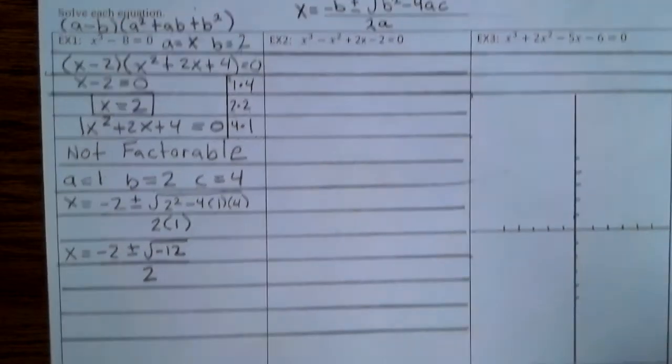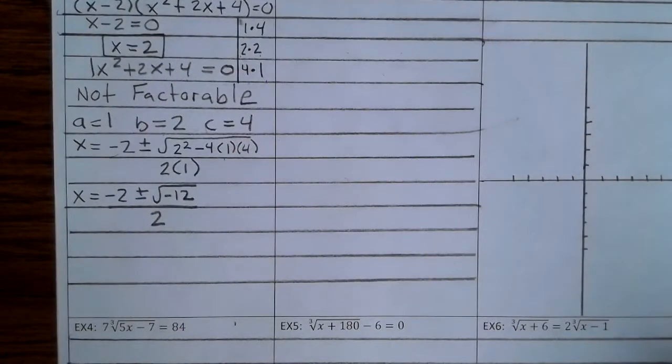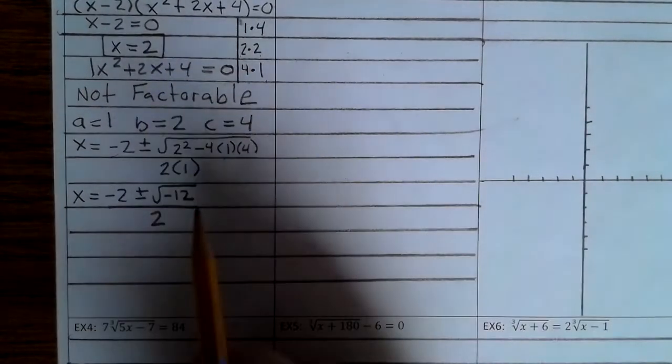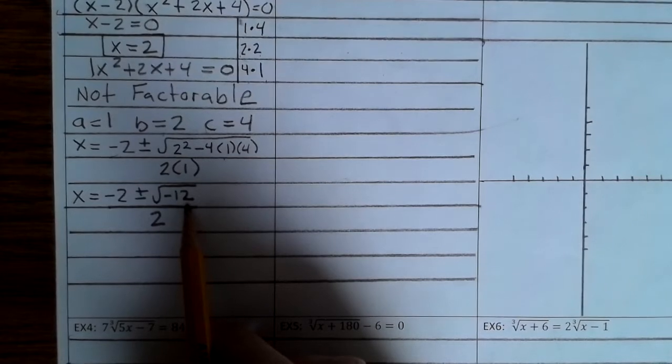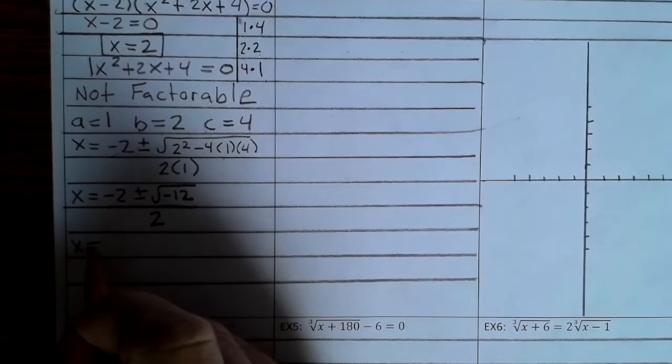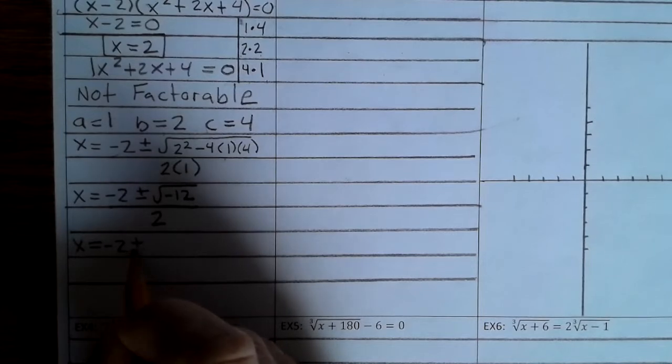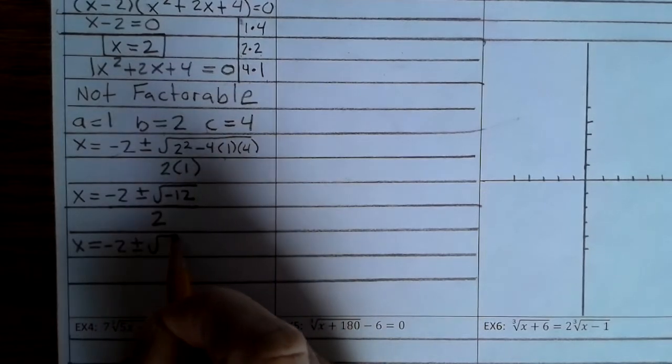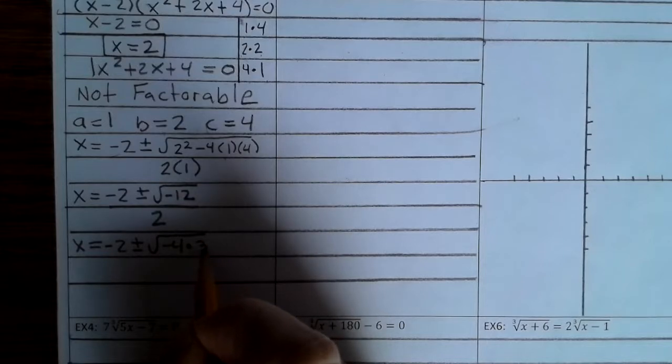Okay, but we can simplify the square root of -12 by writing that as x equals -2 plus or minus the square root of -4 times 3 divided by 2.